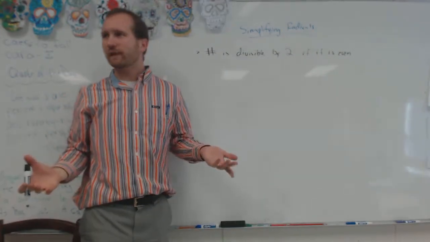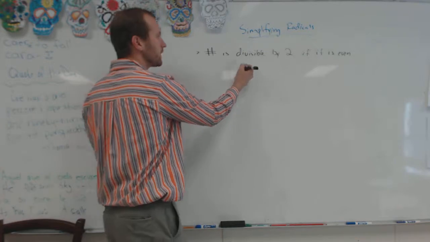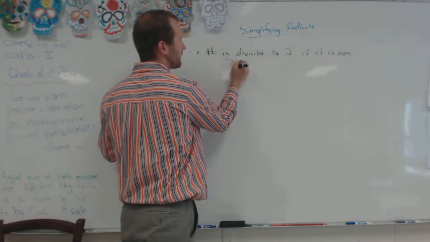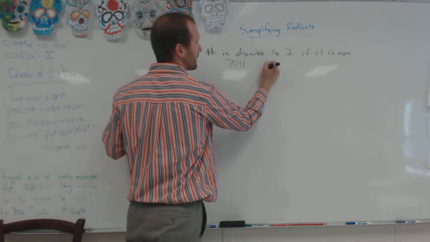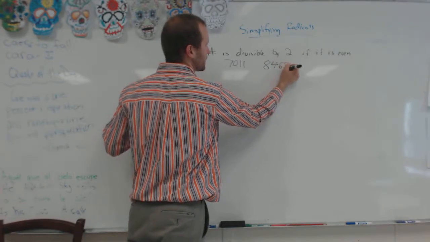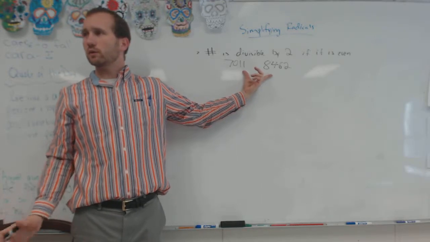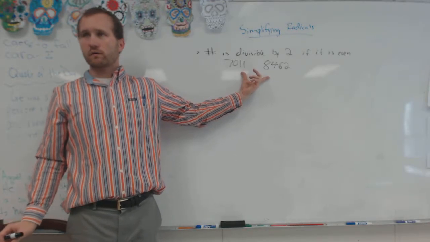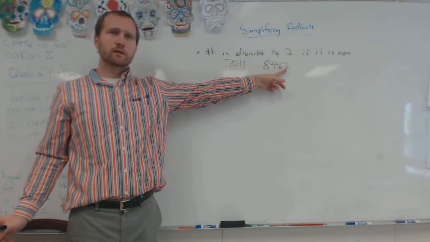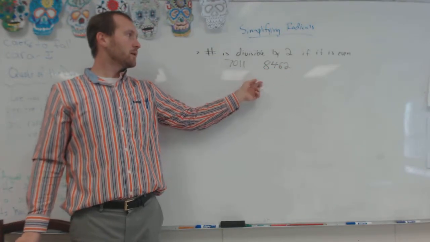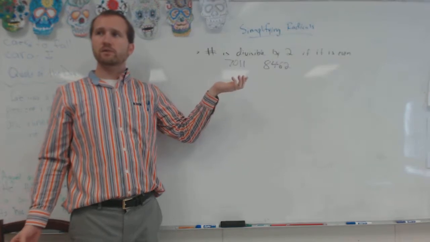Okay? That's one that everyone knows, right? Like if you look at these numbers, let's say 7,011, 8,462, you can immediately tell me which one of those is divisible by 2. Right? That's the one that's even. So it ends in a 2, 4, 6, 8, or 0. And if it's odd, it's not going to be divisible by 2.